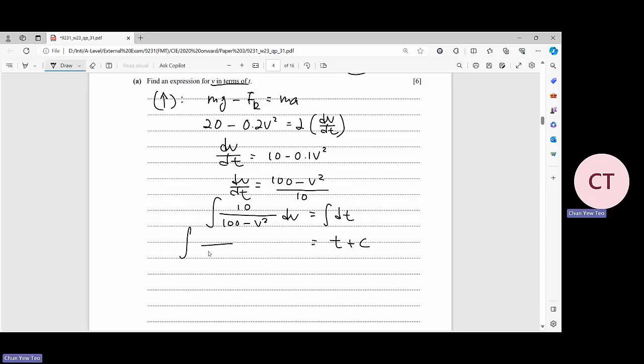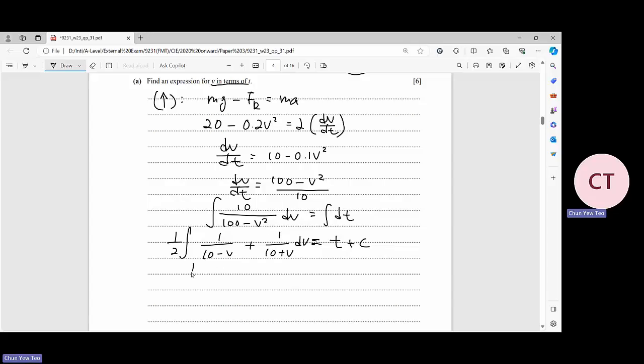This one will become 10 minus v, and then 10 plus v. Then this one, I put a plus, I get a 20. So it's 1 over 20. One over 20. 1 over 2 only, not 1 over 20. So I just do the partial fraction directly.